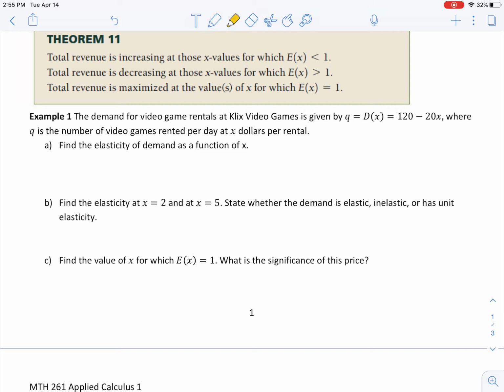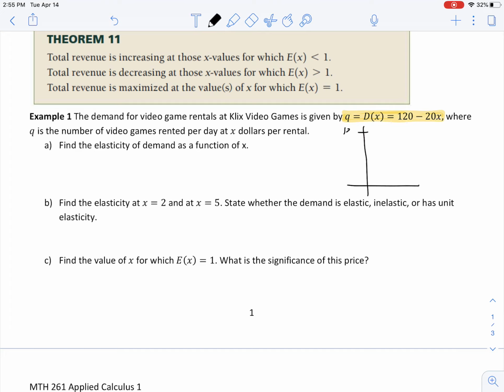Example 1, the demand for video game rental at Clicks Video Games is given by Q equals d of x equals 120 minus 20x. So that's the demand function they gave us, where Q is the number of video games rented per day at x dollars per rental.